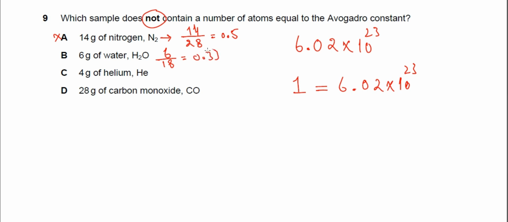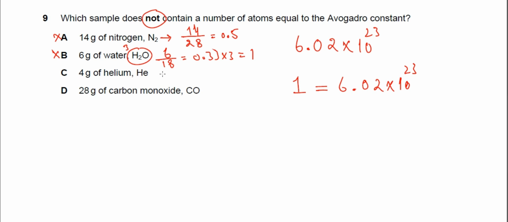But how many atoms are there in 1 molecule of water? 3. 1 oxygen atom, 2 hydrogen atoms. So there are 3 atoms. So we have to multiply this mole by 3. So the answer is 1 again. So we have to choose it as incorrect as well.